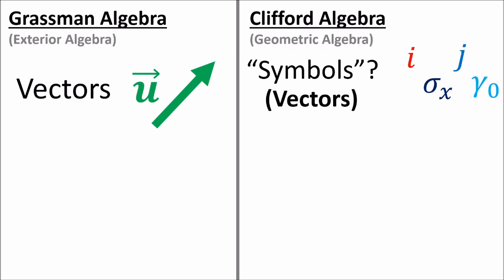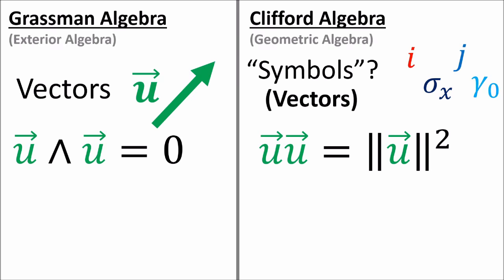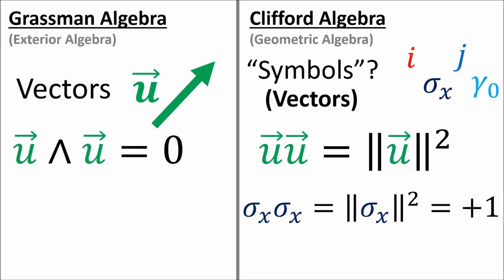With Grassmann algebras, the wedge product of a vector with itself always gives 0, because the resulting plane segment has an area of 0. With Clifford algebras, taking the Clifford product of a vector with itself gives that vector's squared magnitude. Unit vectors in our orthonormal basis square to +1 or -1 because they have a length of 1.